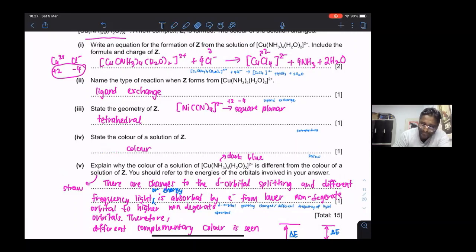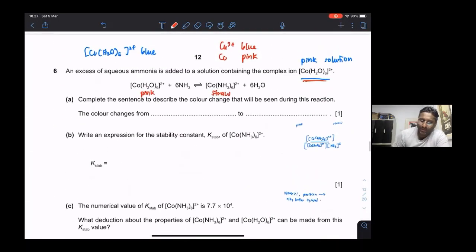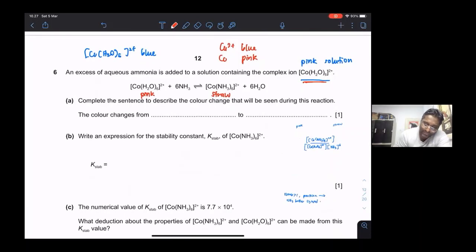This is yellow. CuCl4 is always yellow. Yellow color. The one that is going to be straw color is this one.